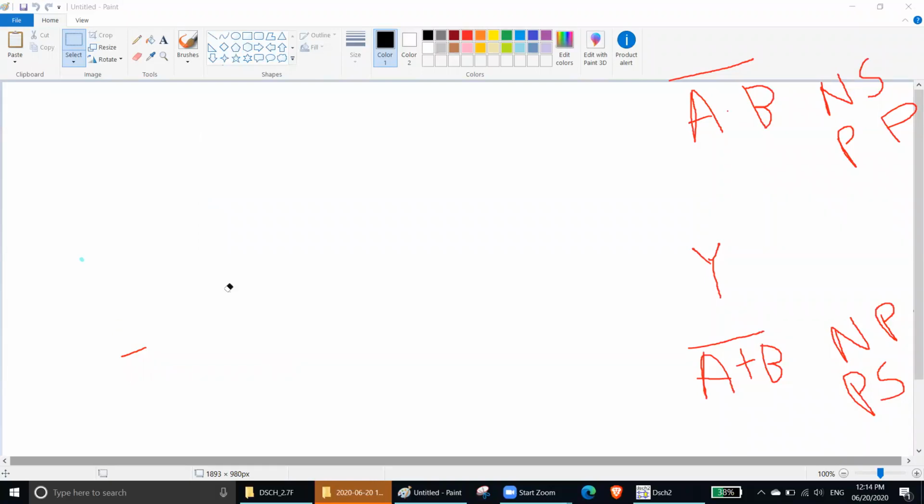Now, I want to design this one: Y equals AB plus C bar.